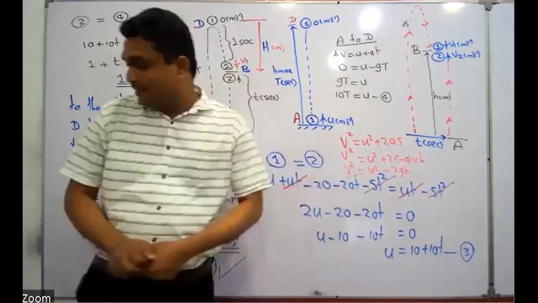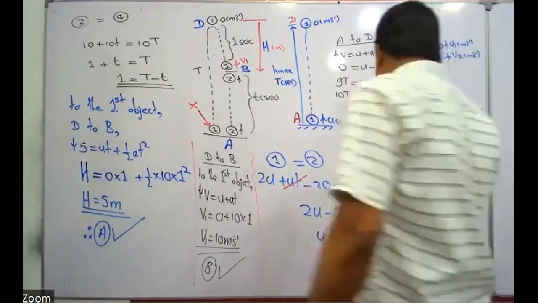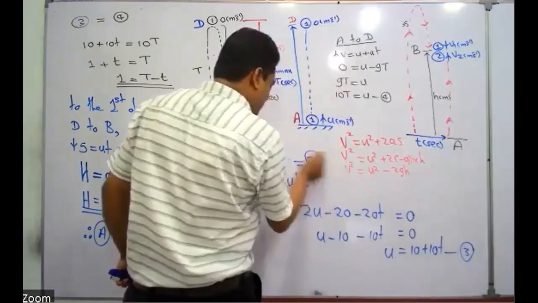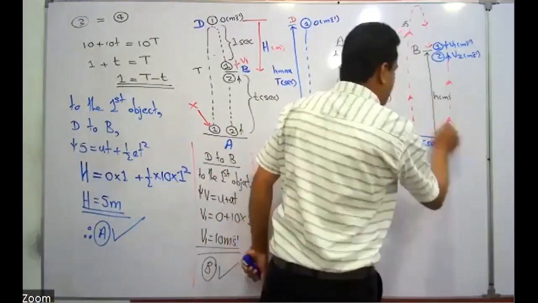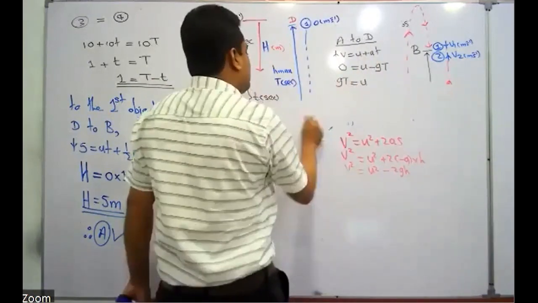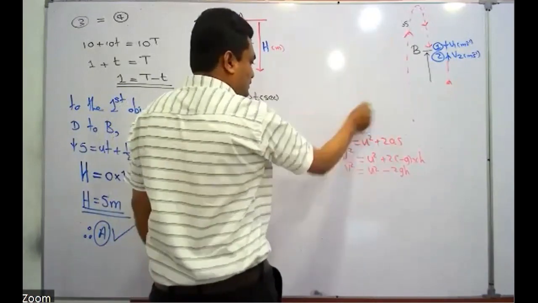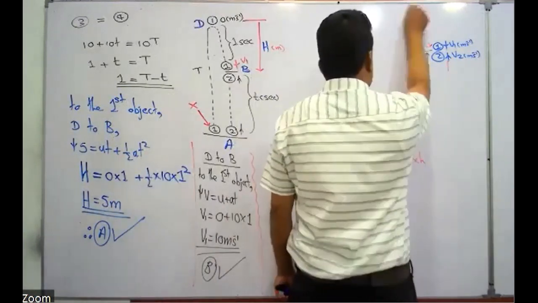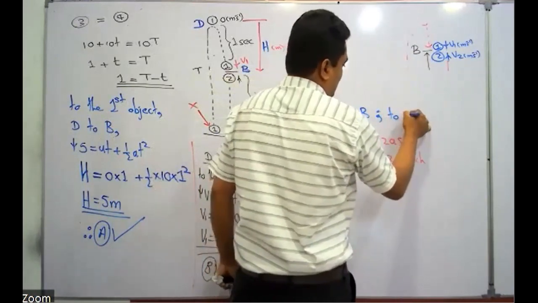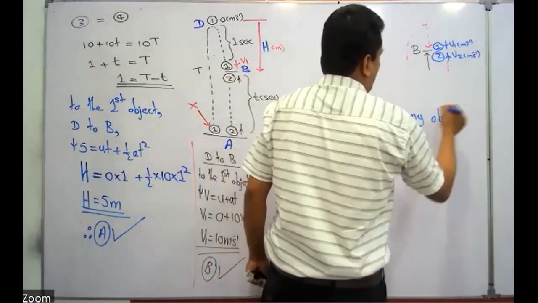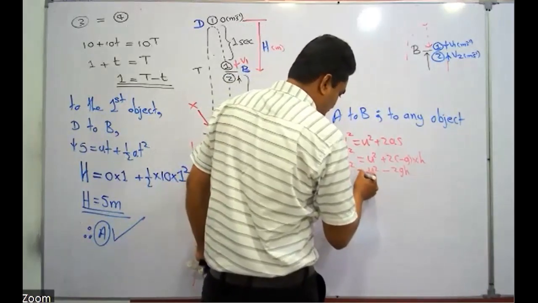So please write: whatever the value of T, the two objects should have the same velocity when they meet.